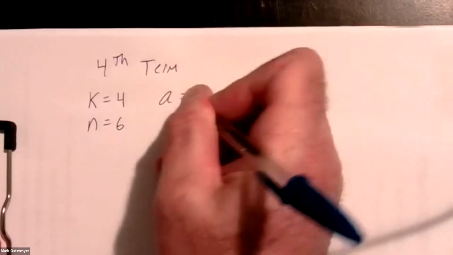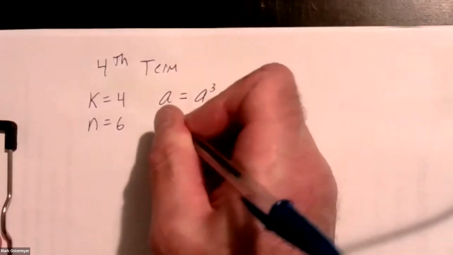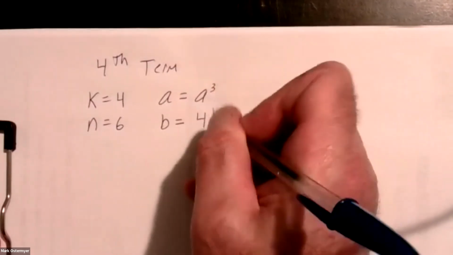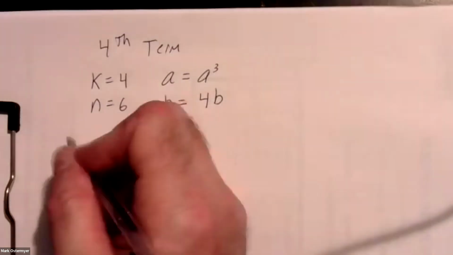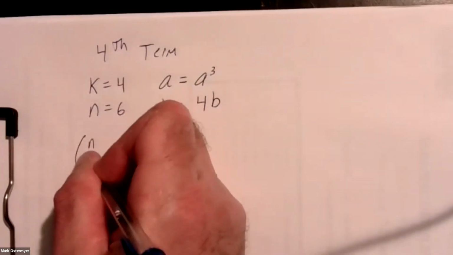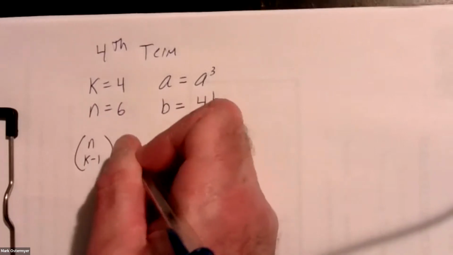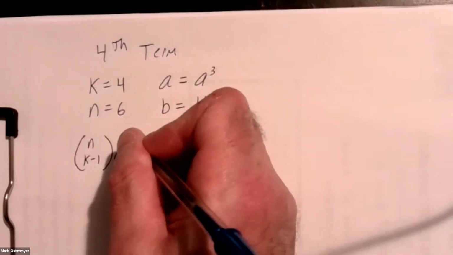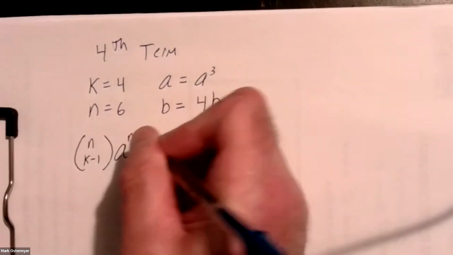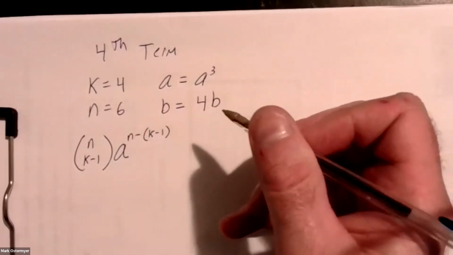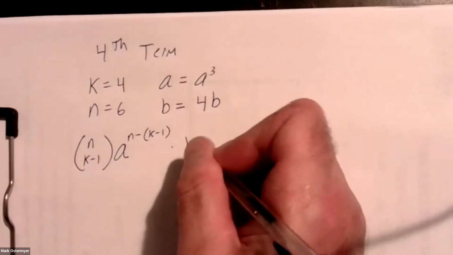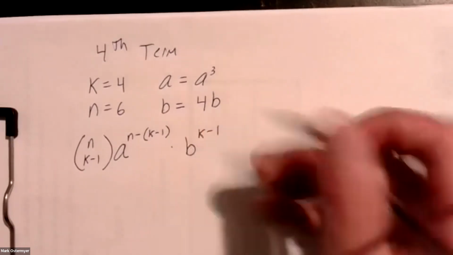Our first term is a cubed, and our second term of the binomial is 4b. Now we just drop things into our kth term formula, which is n in combination with k minus 1, times a raised to the n minus k minus 1 power, times our second term b raised to the k minus 1 power.